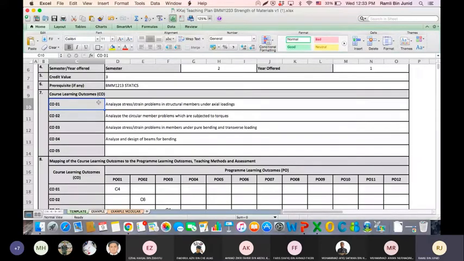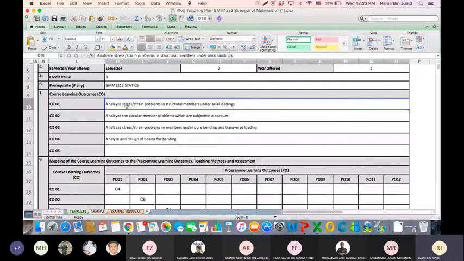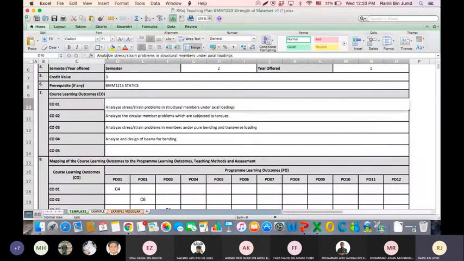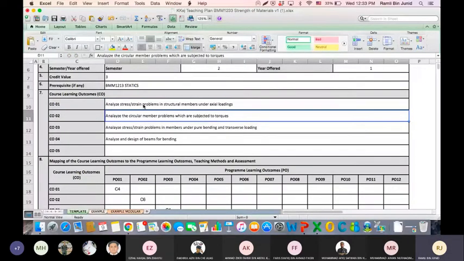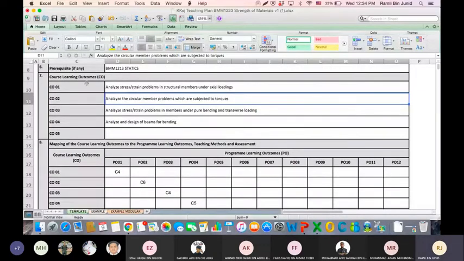It has 4 course outcomes. You can read them yourself. This is a typing error, it should be analyze. So that is the subject outcome, 4 course outcomes for the subject.